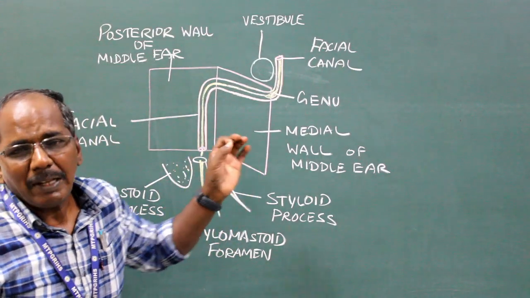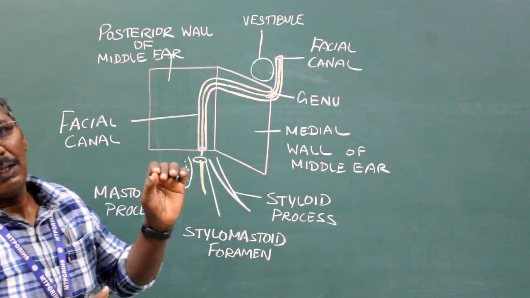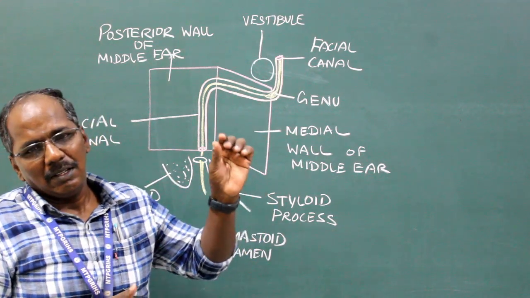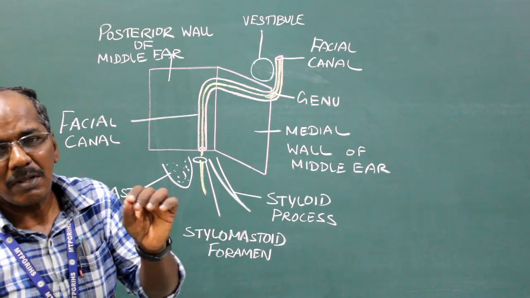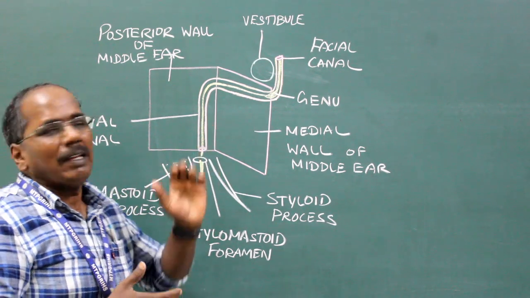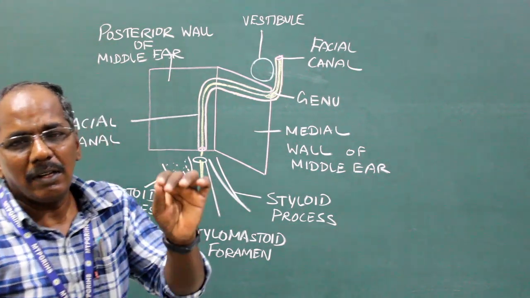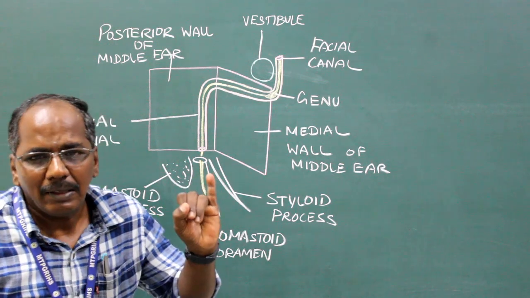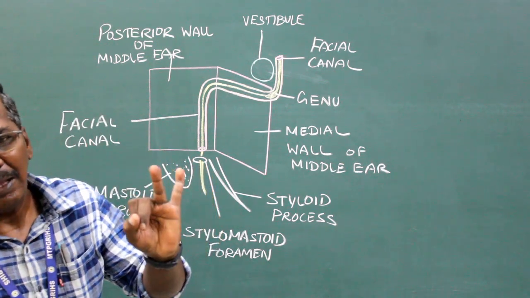This is a schematic diagram to explain the facial canal and the course of the facial nerve in the facial canal. The facial canal is divided into three parts. Number one, labyrinthine part. Number two, tympanic part.